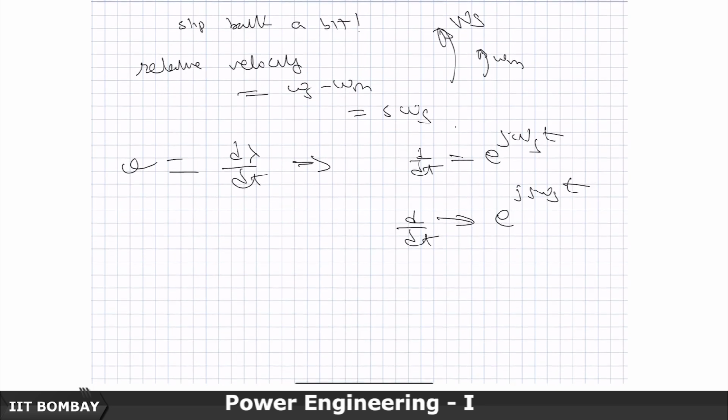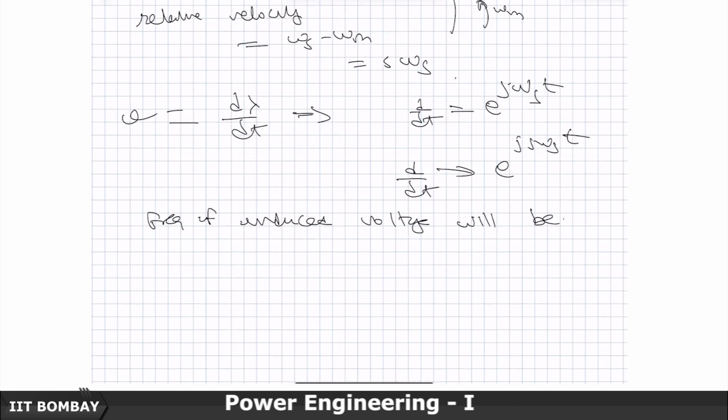In other words, the frequency of the induced voltage will be s times omega s, because the rotor itself is rotating at 1 minus s times omega s.